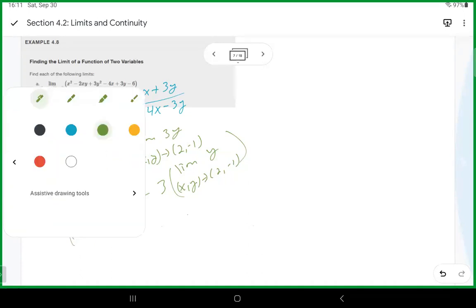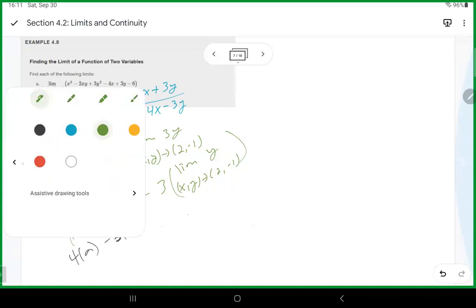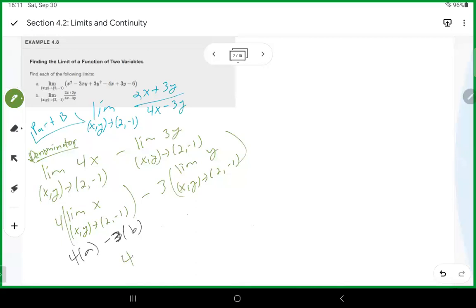So you want to write that in there, like using the theorem, it would be 4 times a minus 3 times b, which would make that 4 times 2 minus 3 times -1. And that gives us 8 plus 3, which is 11. So we have 11 as our denominator.